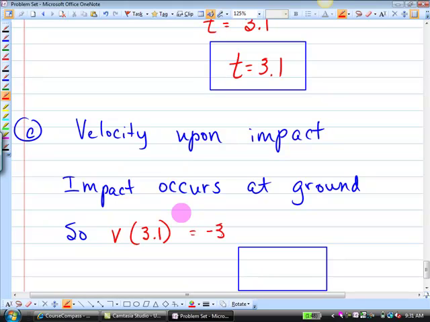So that's negative 32 times 3.1, which is negative 99.2. And there's some measurements with that. That's feet per second or whatever that is. I'm not worried about that right now. It usually has that in MATLAB for you. If it were physics, I'd probably be picky about that, but I'm not.